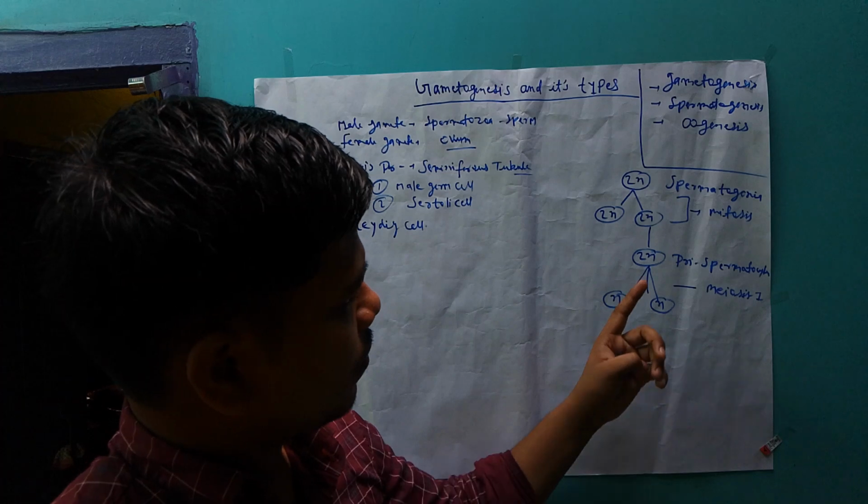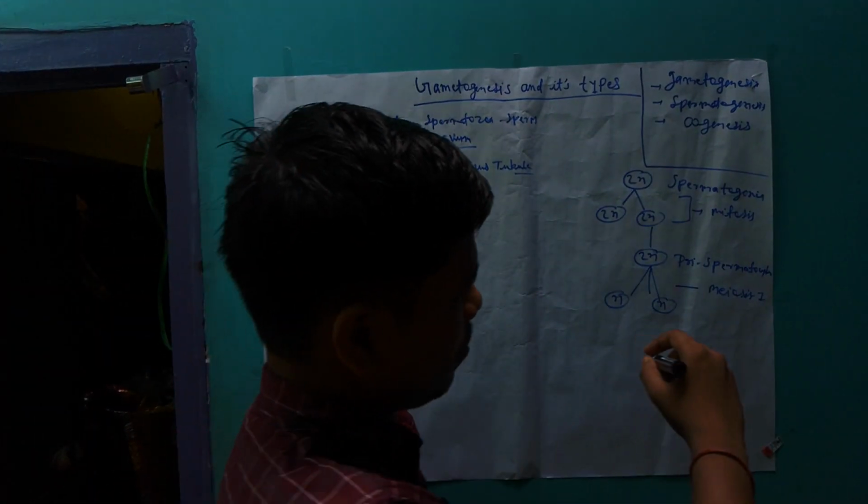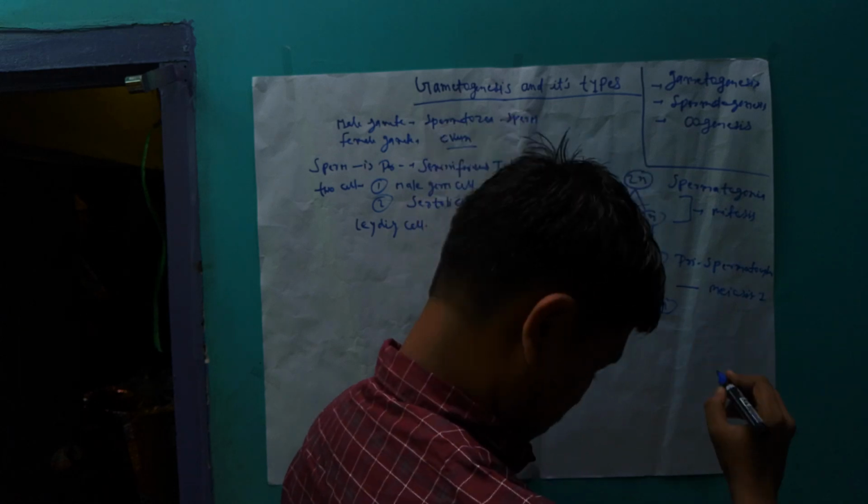This is your haploid cell, and this is also your haploid cell. These are called secondary spermatocytes.